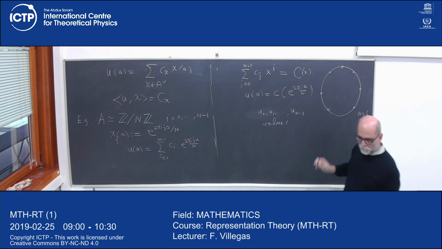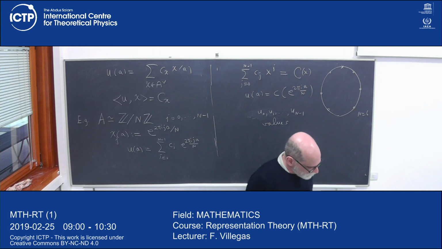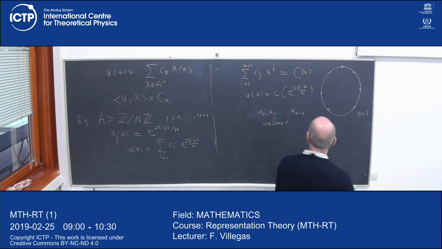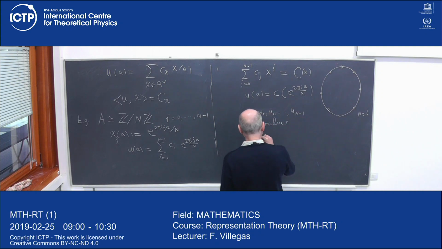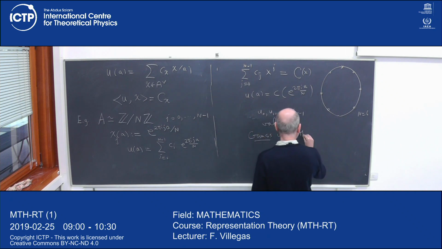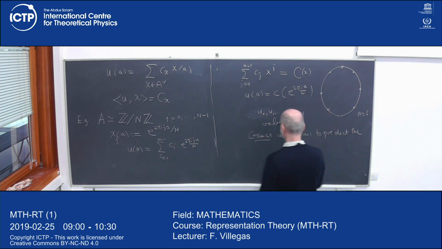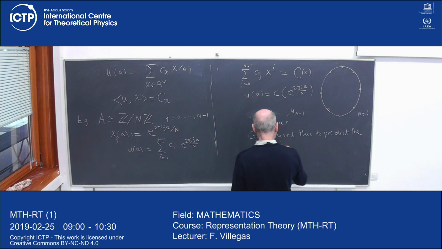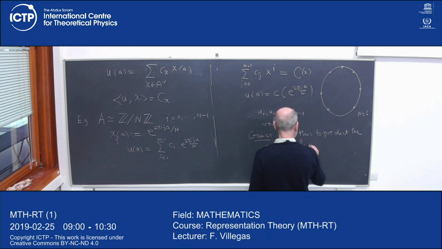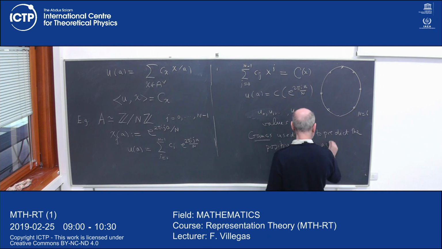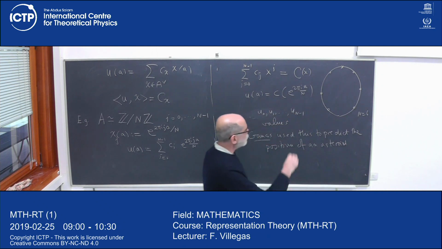And so this is exactly what Gauss did, and other people before him. So Gauss used this to predict the position of an asteroid, some object moving out in the sky.